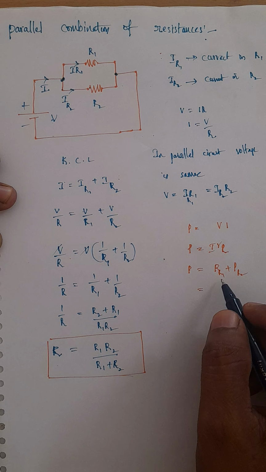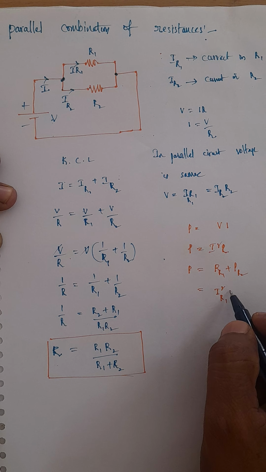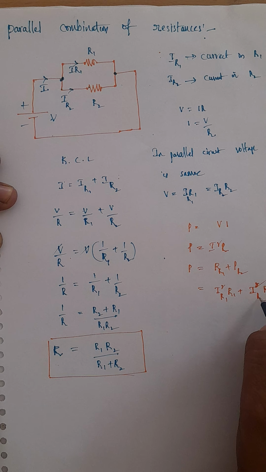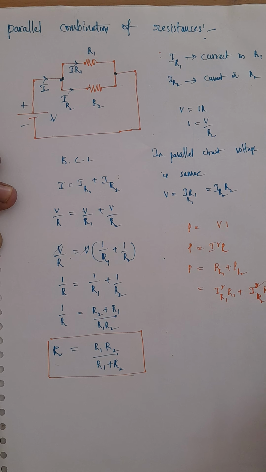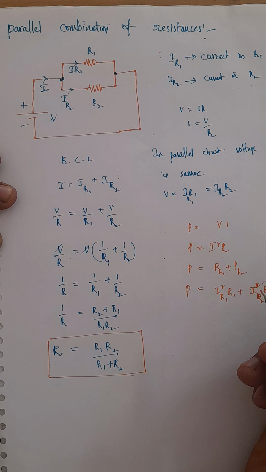So PR1 is equal to I square R1, the current passing through the first resistor times R1, plus I square R2 into the R2 value. That is the power delivered in the corresponding parallel combination.